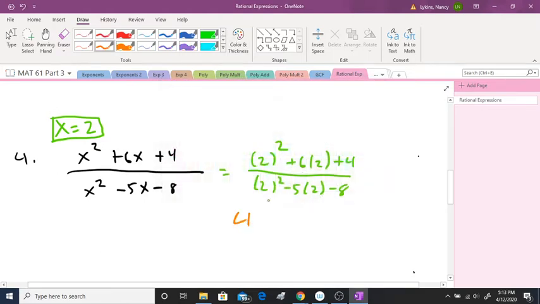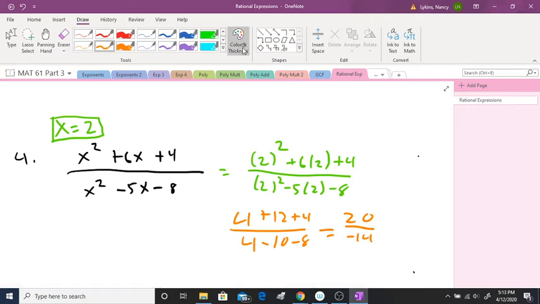Two squared is 4, 6 times 2 is 12, plus 4 over 2 squared is 4, minus 5 times 2 is 10, minus 8. So if we add the top together, you get 20. The bottom, 4 minus 10 minus 8, you get negative 14. We will probably be asked to simplify or to reduce. So 2 goes into both numbers, so it'd be negative 10 over 7.